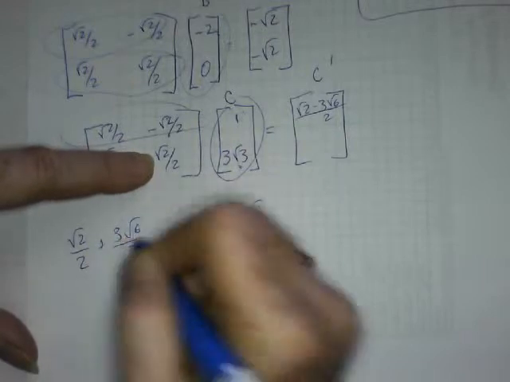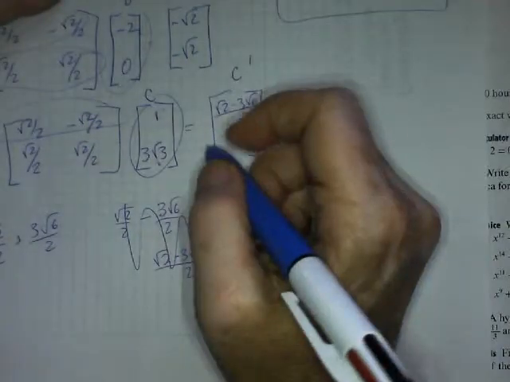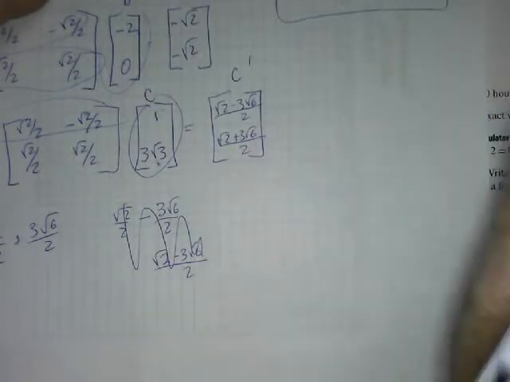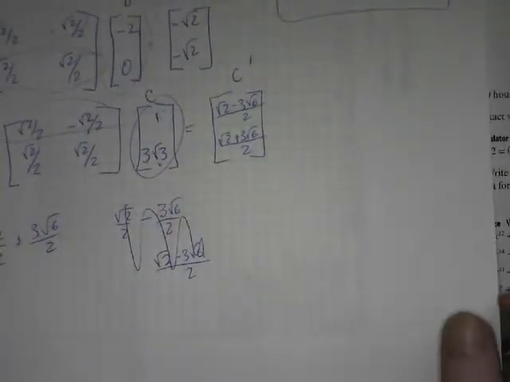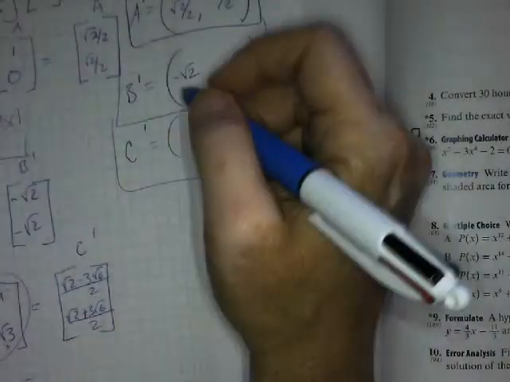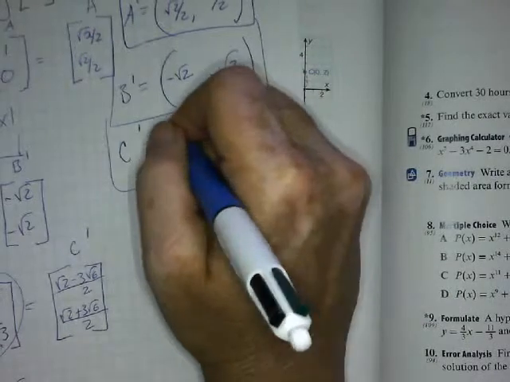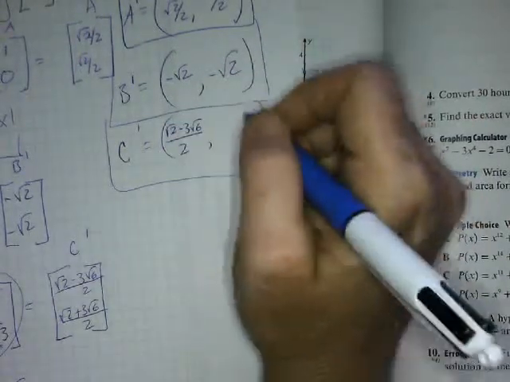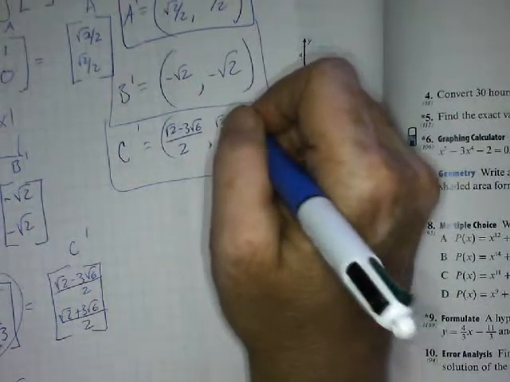So this will just be the same thing, root 2 plus 3 root 6 over 2. Let's check that one. Yep, that's right. Okay, so what was it? It was root 2 minus 3 root 6 all over 2, and then root 2 plus 3 root 6 all over 2. Okay, and there's your answer.